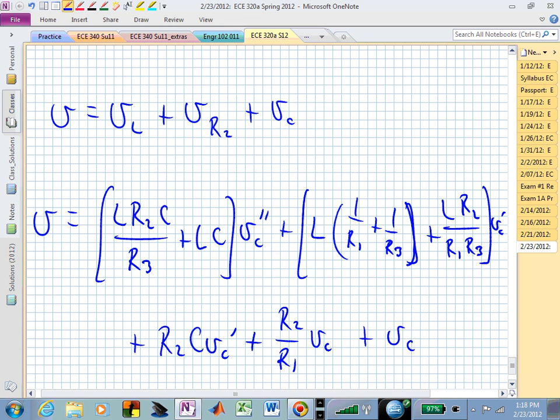And that's now a second order differential equation. It's linear time invariant because all the parameters, the R's, the L's, and the C's, we're assuming are constant. We now have a second order linear time invariant differential equation that governs the dynamic behavior of that circuit.